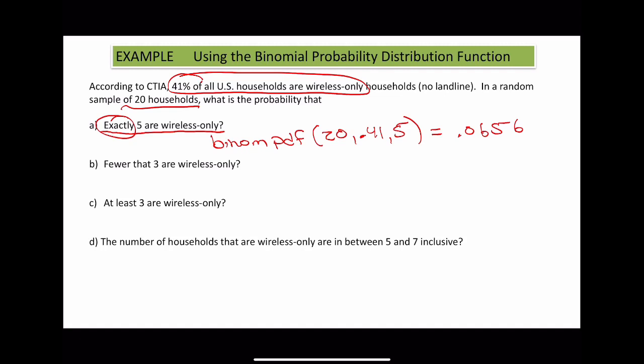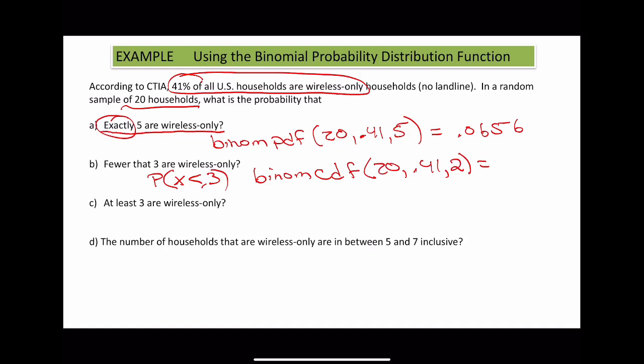So now we need fewer than 3 are wireless only. So I want to know the probability X is less than 3. It is not less than or equal to, it is less than 3. So I would do binomial CDF, because it's a cumulative, 20, 0.41, and then 2, because it's less than 3. 3 is not included, so I need 2, 1, or 0.